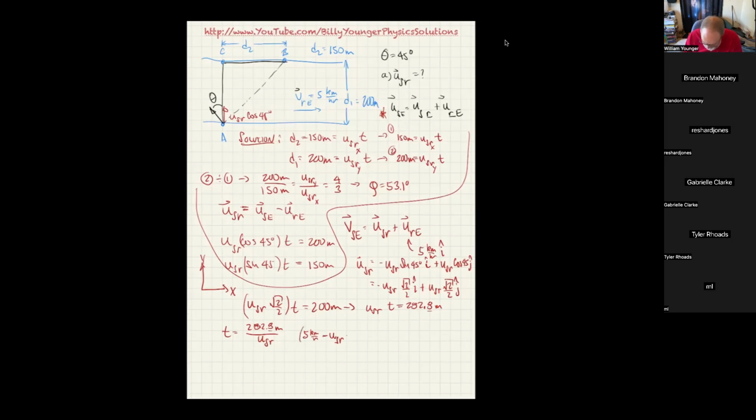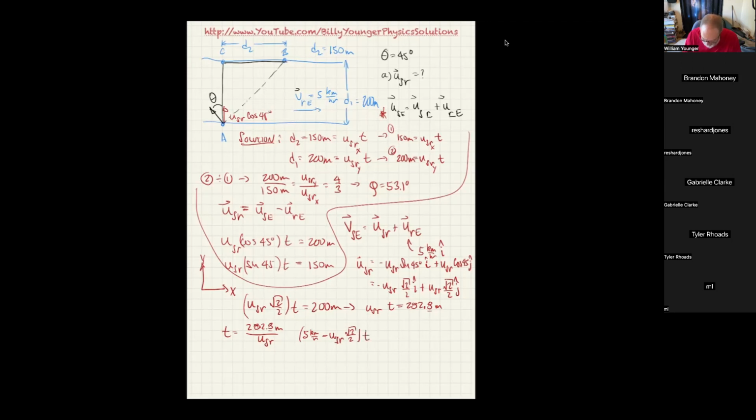So that's the total velocity in the right direction: 5 kilometers per hour minus U_SR cosine 45 degrees. Well, actually, in this case, it's sine 45 degrees. So that's the total velocity.